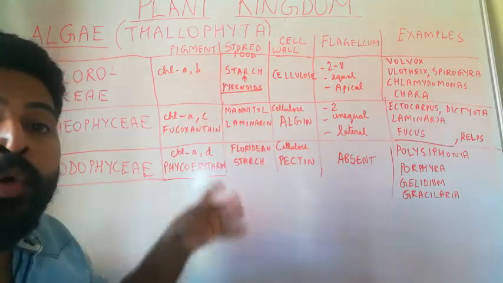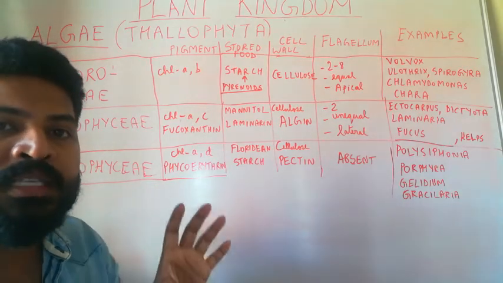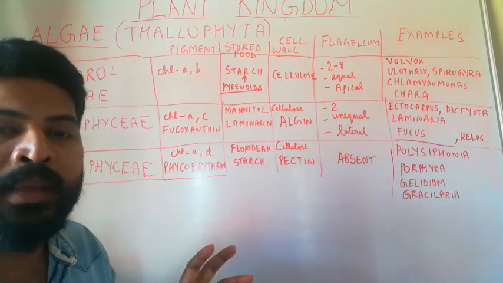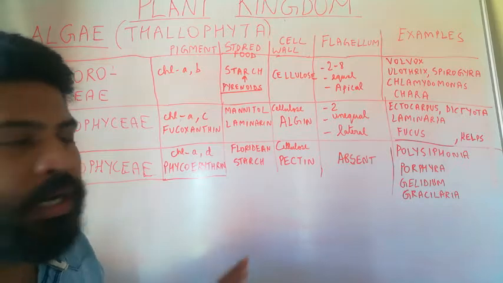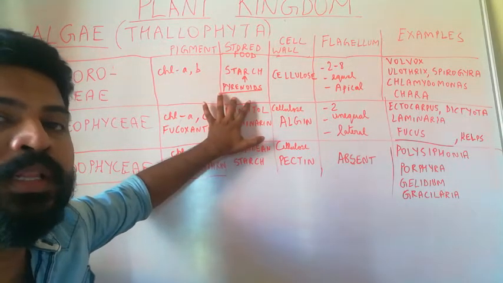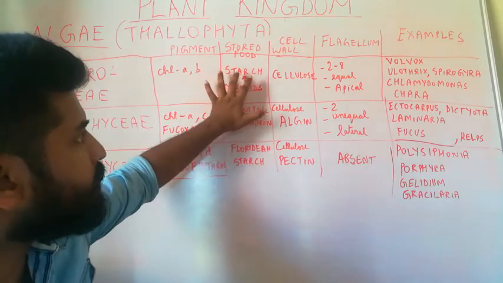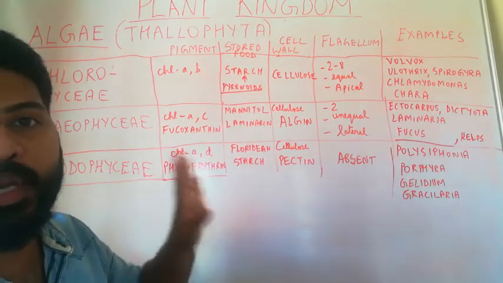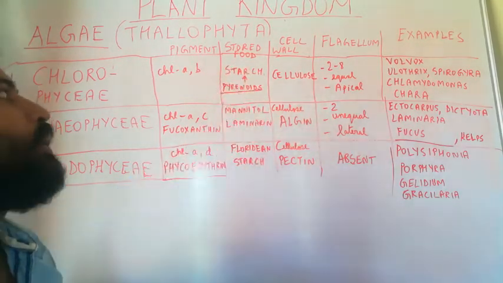Inside the chloroplast, there are specialized spherical bodies called pyrenoids. These are specialized structures which will store starch as well as protein. So this is very important.